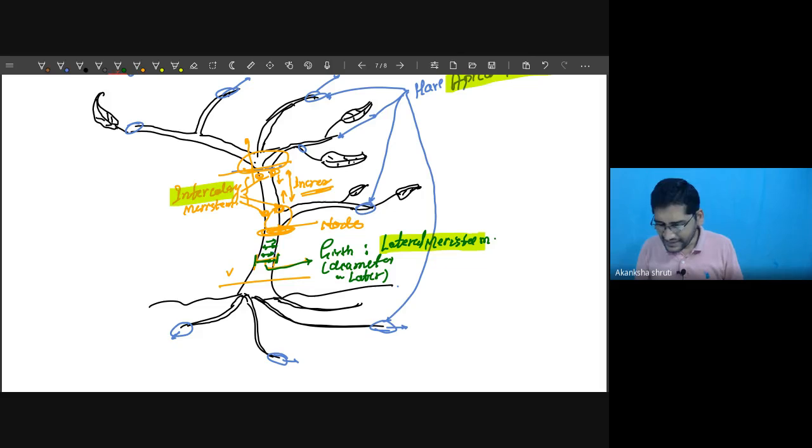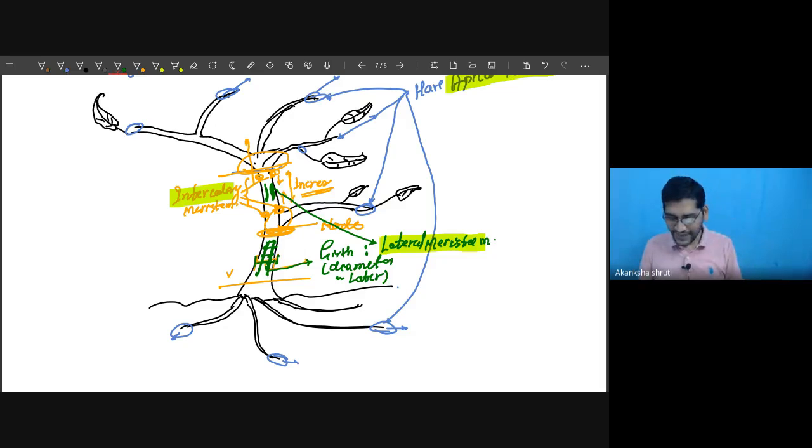In the exact sense, if you observe, you will see that it is the entire inner lining. In this area, it will be present. Okay, students? Even here, these are your lateral meristem. Getting it, students? So you can understand it like this.